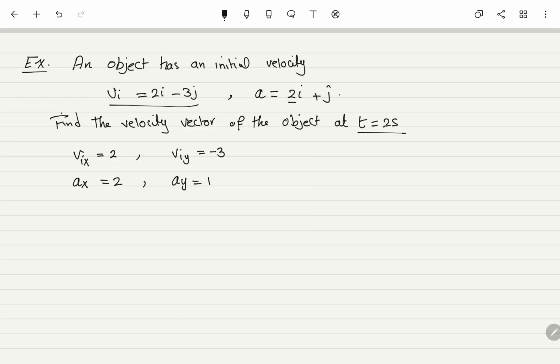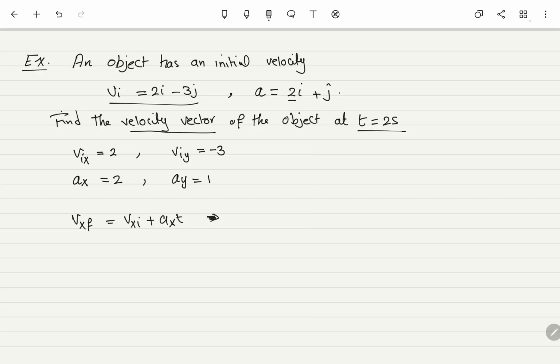Now find the velocity vector. Let's use the equation of motion: vx final equals vx initial plus ax t. We substitute t equals 2, v initial x equals 2 and ax equals 2, so it equals 2 plus 2 multiplied by 2. This is v final x, which equals 6.